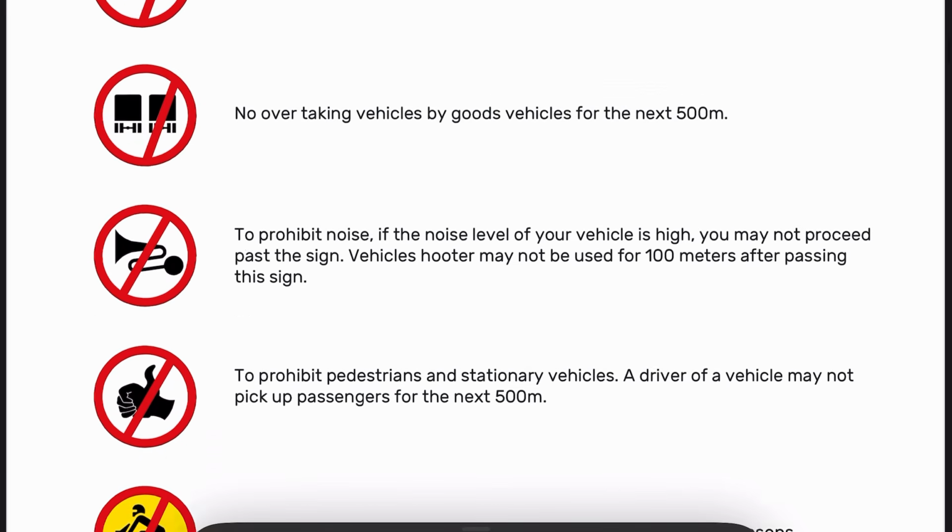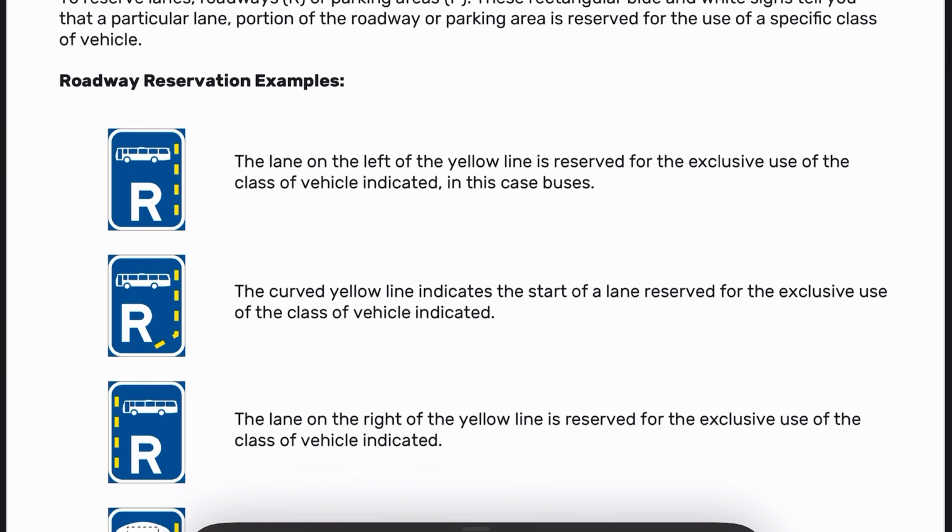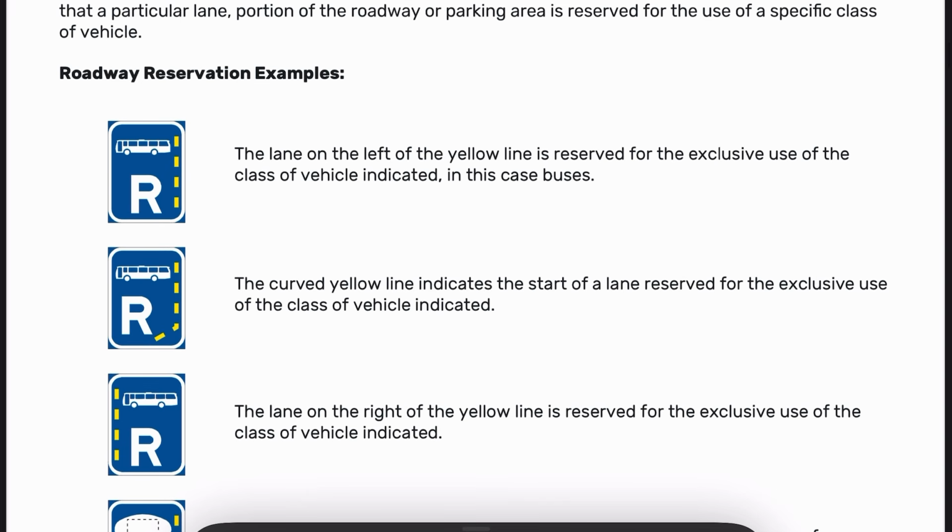Okay, and then we go all the way down to reservation signs. So now you find another blue board written in white, but now it's a reservation sign. The reservation sign is there to reserve what?